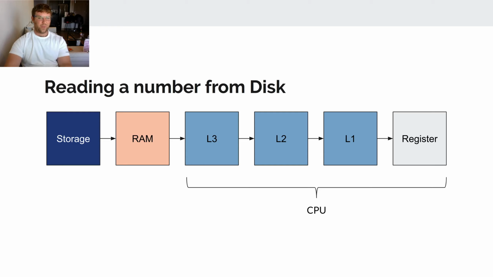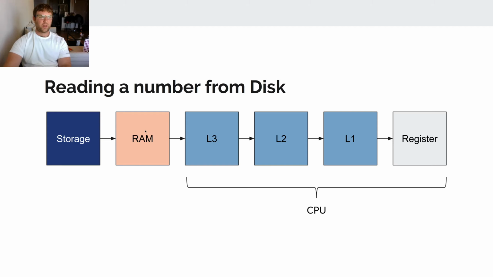So, for example, if we need to do some math, and the numbers that we need to read are in some file on the hard drive, first we have to go all the way out to the hard drive and read that in.